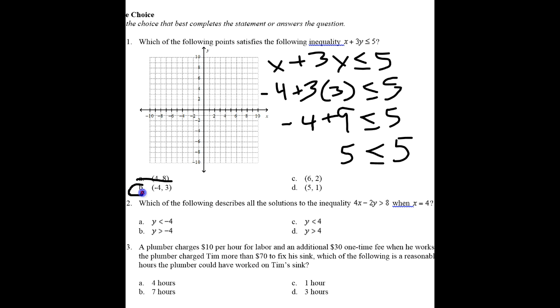So without doing any more work, I already know that the answer is B.